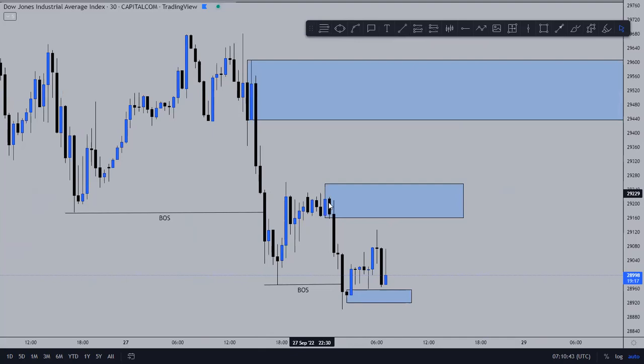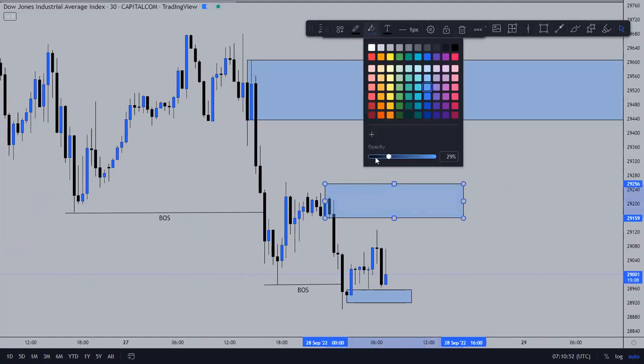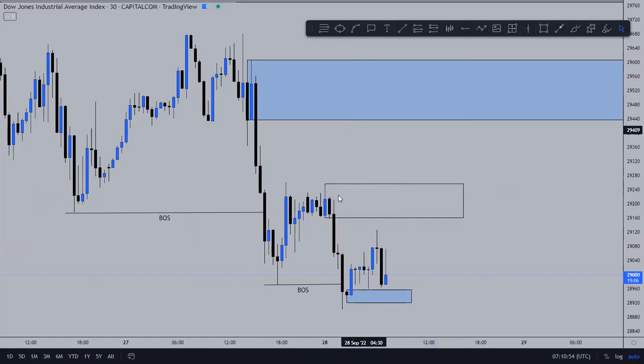Why am I saying this is a zone of liquidity? This is not the best zone for sell entries. Why? Because there's a lot of liquidity lying above that zone due to these equal highs that we have there.